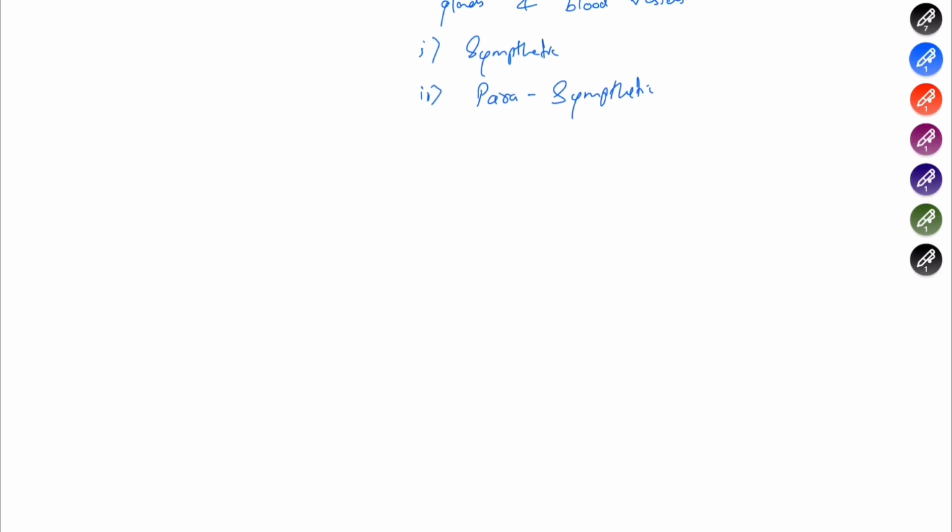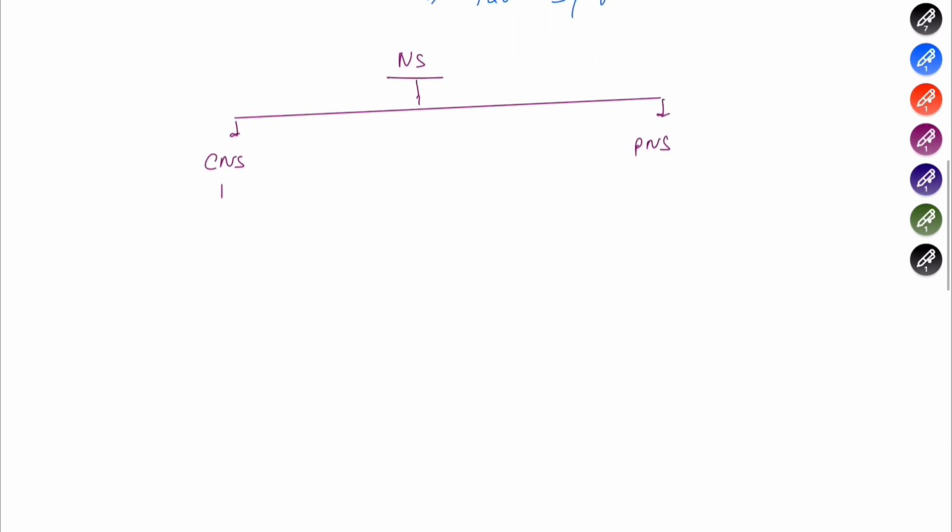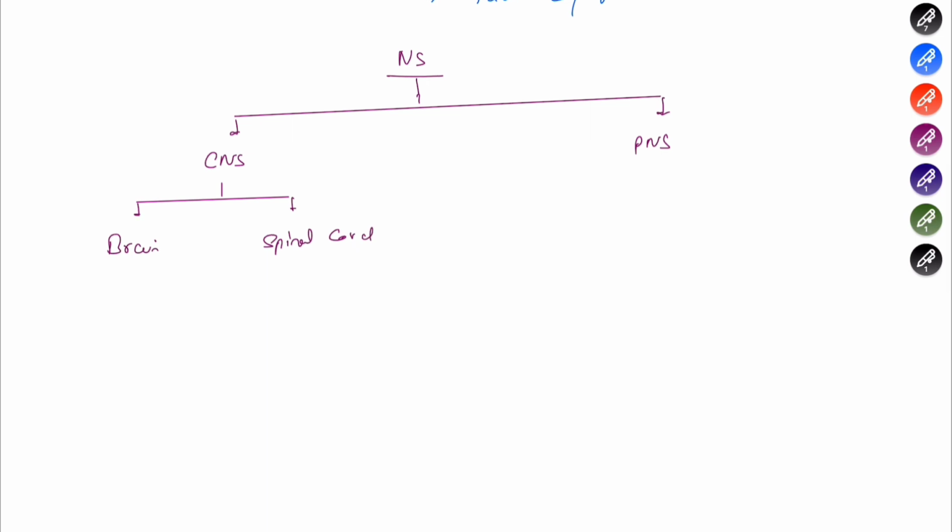So I can draw this in a flow chart. Nervous system is divided into two parts. Central nervous system and the peripheral nervous system. Central nervous system has two components, brain and the spinal cord, and the peripheral nervous system has also two components, somatic and autonomic.